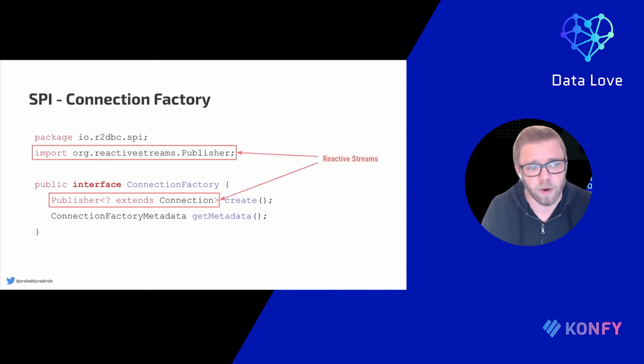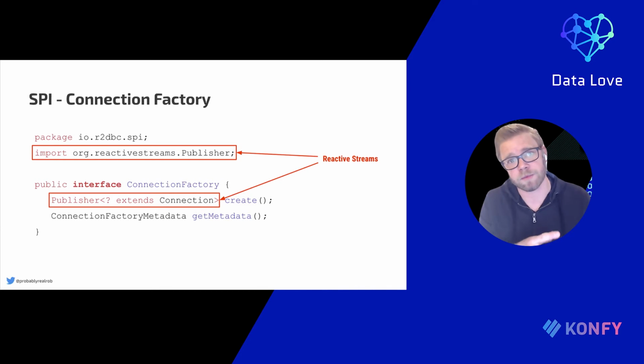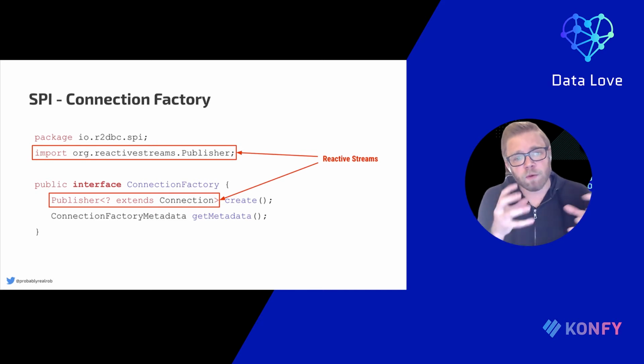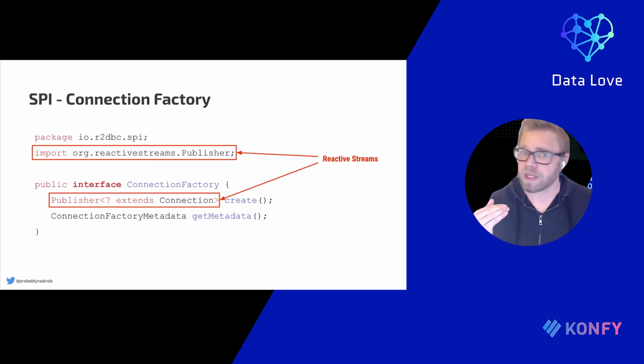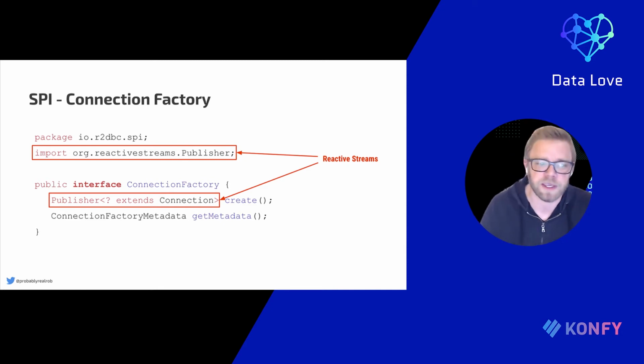But the other thing I want to point out, and the reason why I kind of harped on reactive streams before, is that the Reactive Streams API is really the foundation for R2DBC. It is what is being used from a publisher, subscriber, subscription perspective in order to facilitate reactive communication with this specification, the R2DBC specification.